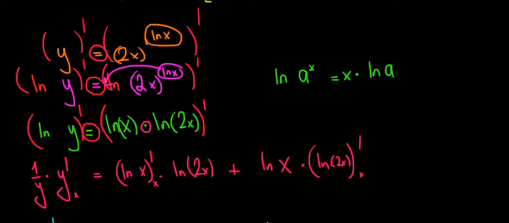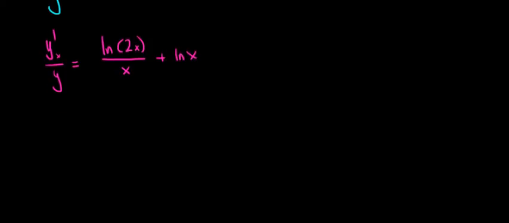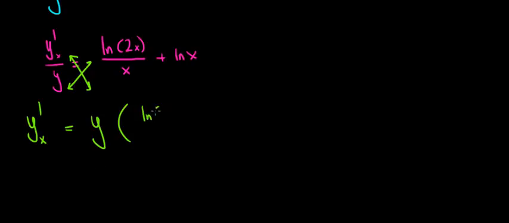So let's keep y derivative on one side only, y derivative with respect to x, and if we keep this on this side, by using cross multiplication, we just multiply y with this entire expression. So we will have y times ln of 2x divided by x plus ln of x. Now what was y?